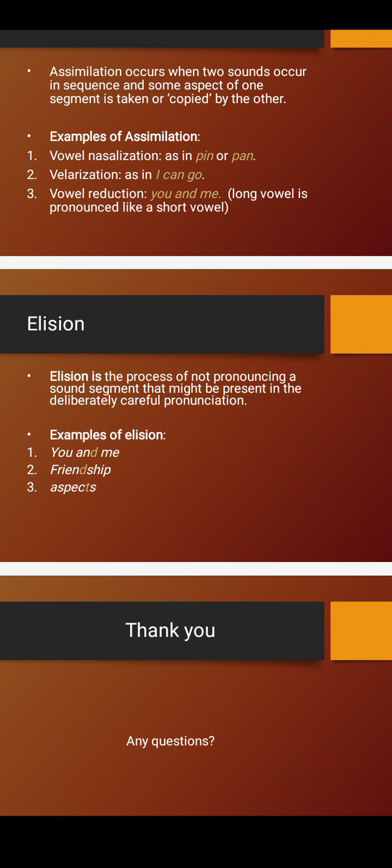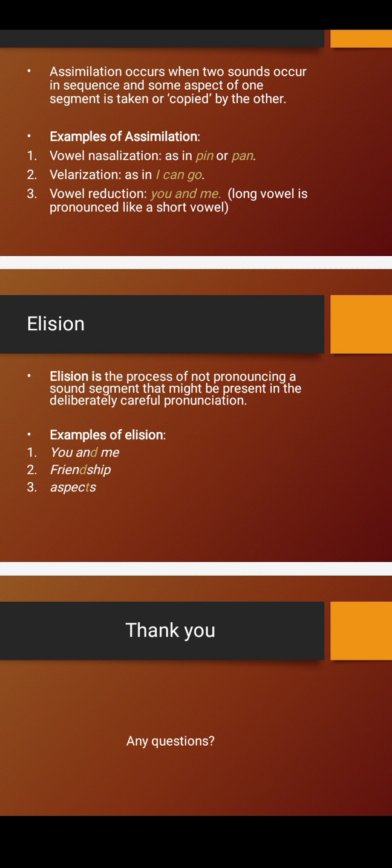Here in the slide it is written you and me, which is not a grammatically standard form. The standard is you and I, and in you and I, I don't pronounce the d sound, and I simply say you and I. It happens in our everyday speech.